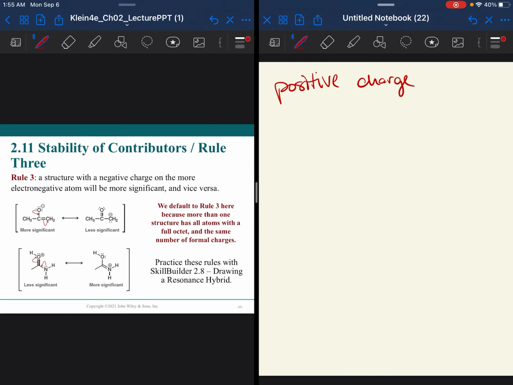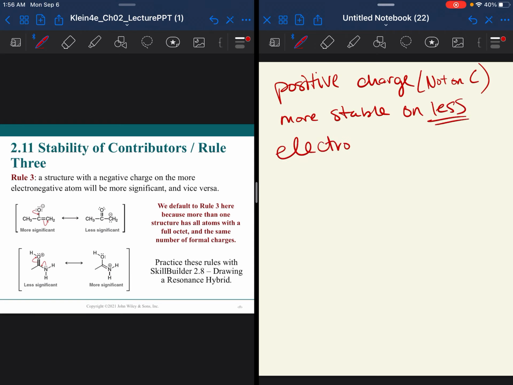Rule 1, that's why you have to do these in order, because the octet rule is more important than the charge on a particular element. So if you have a positive charge, and we'll put not on carbon, we're not talking about on carbon, it's going to be more stable on the less electronegative element.